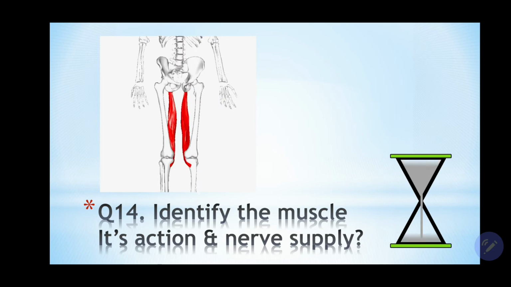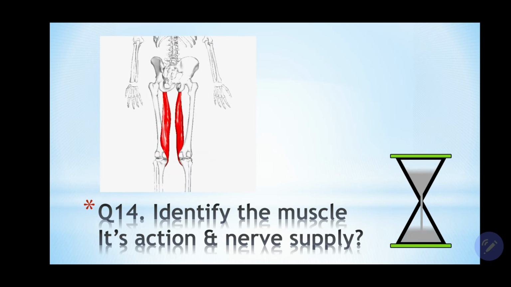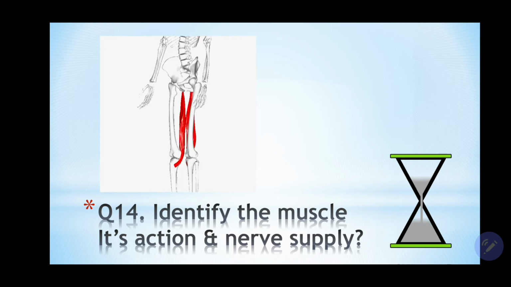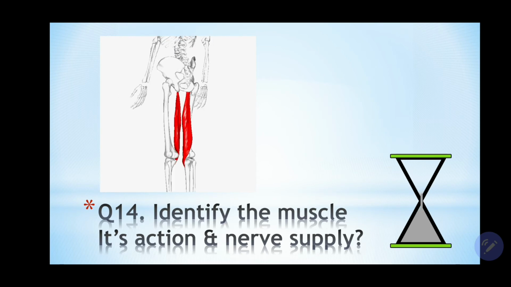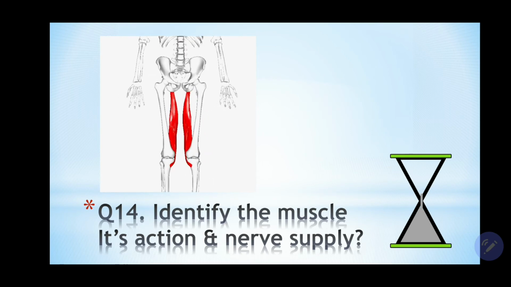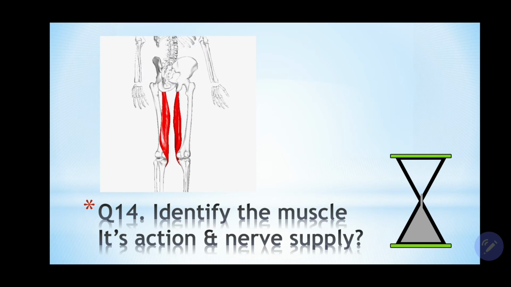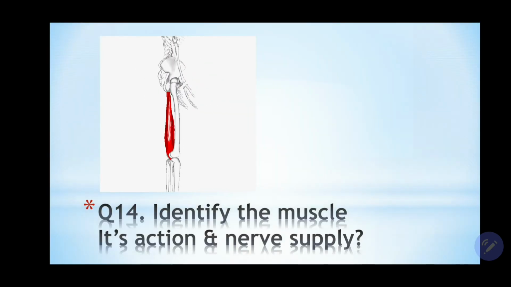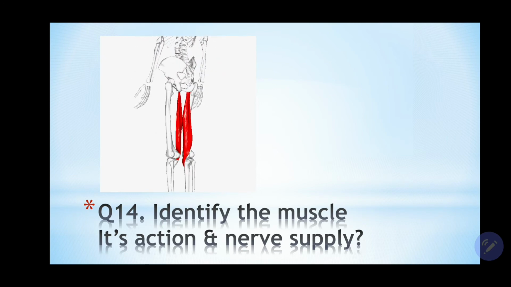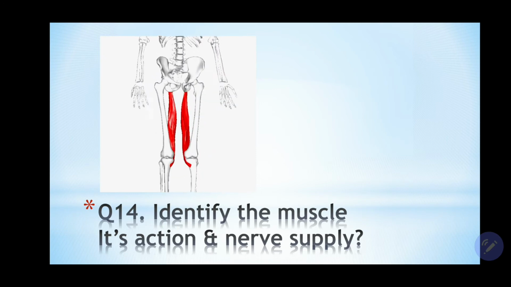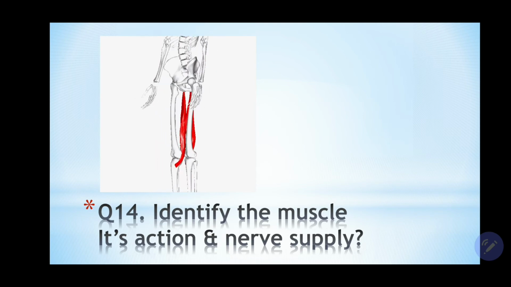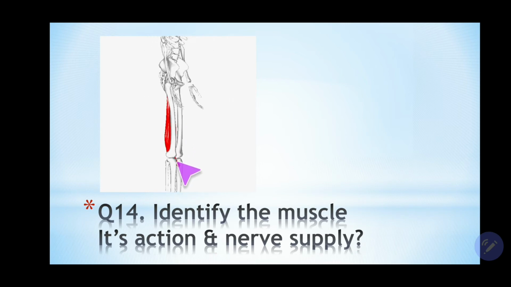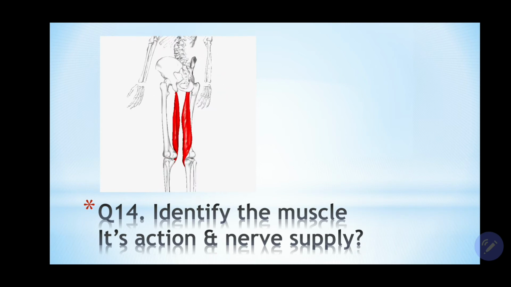Identify the muscle, its action and nerve supply. Okay, so now we are talking about the muscles of the back of thigh, because you can see its origin is from the ischial tuberosity and reaching down into the bones of the leg, bypassing any attachment with femur.